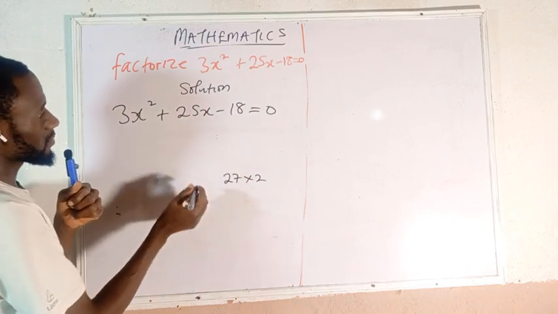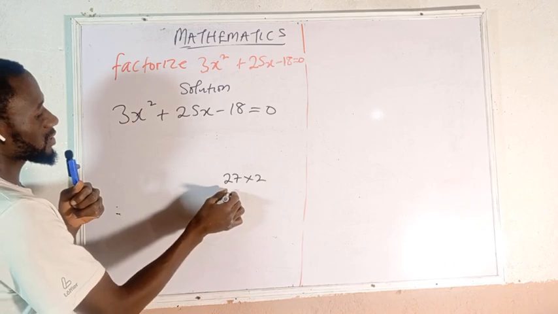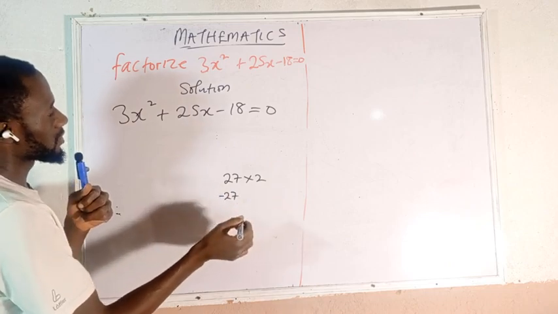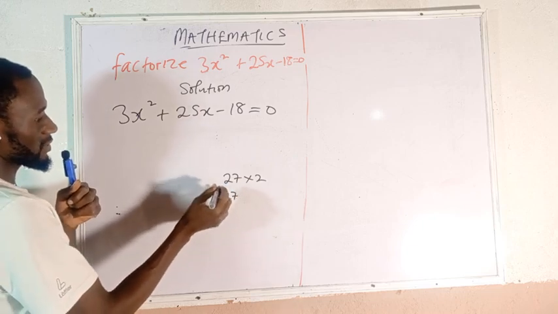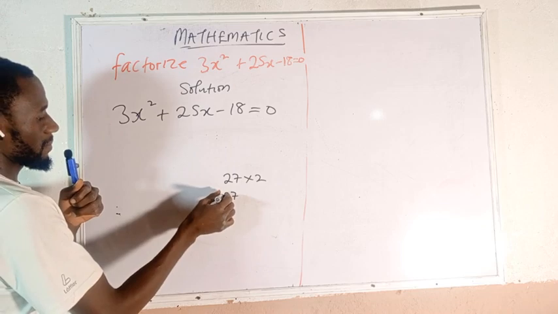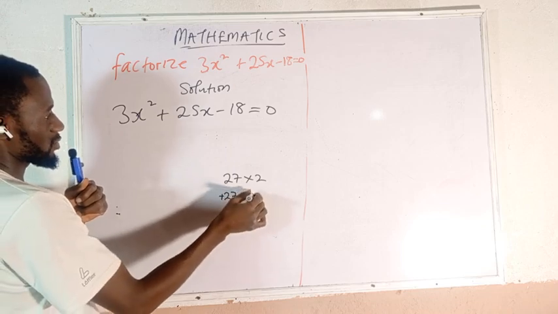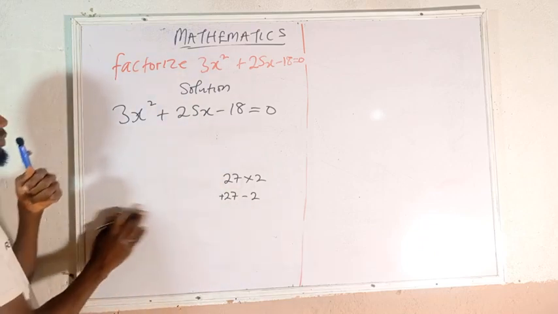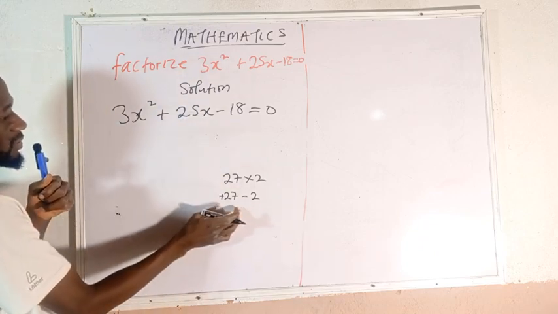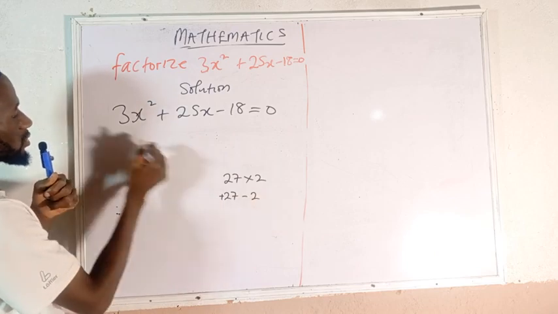That is minus 2, and plus 27. Plus 27 minus 2 will be 25. Now we replace here with plus 27 minus 2.